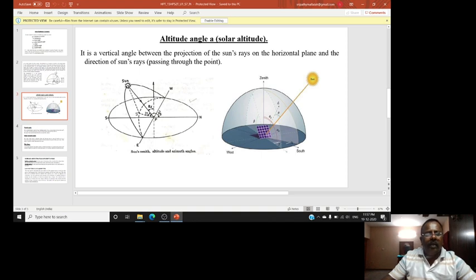Here next, you consider the altitude angle, or solar altitude angle, and that is alpha.